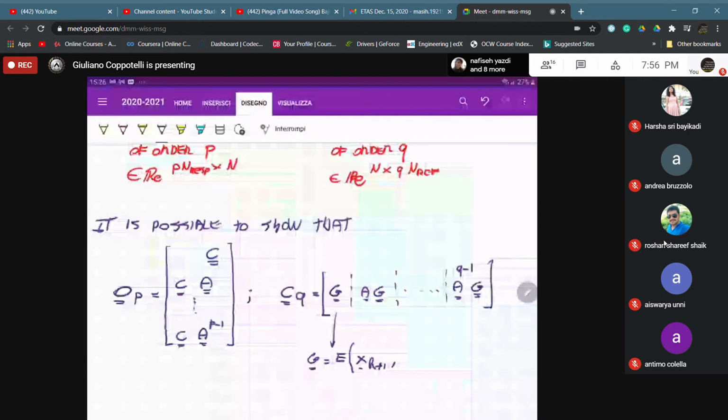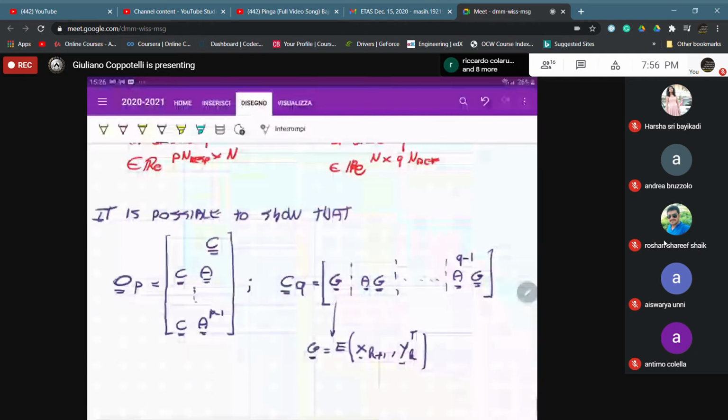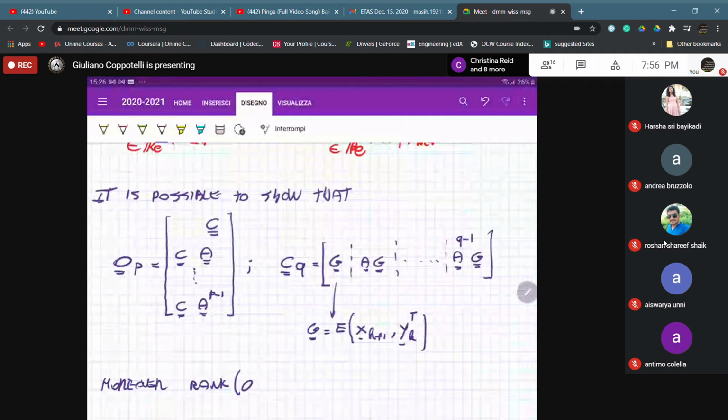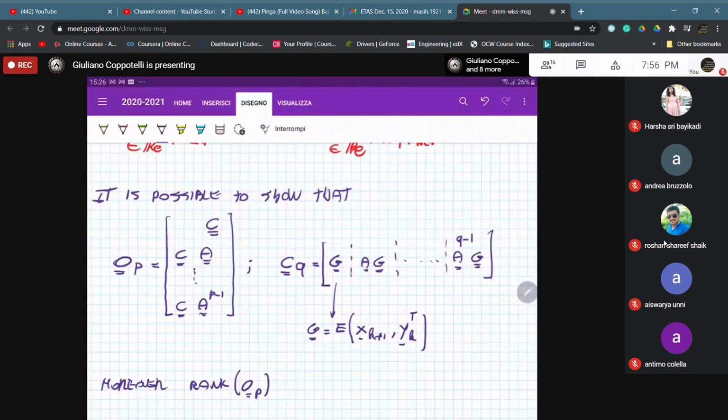So you are done. Please note that, moreover, the rank of your observability matrix of order P is equal to the rank of your controllability matrix of order Q, and it is equal to twice the number of modes, the model order.